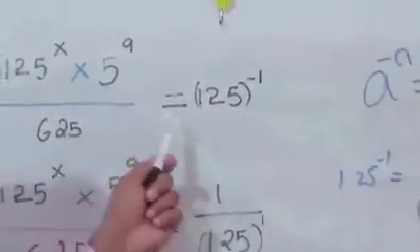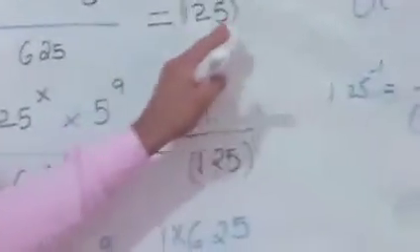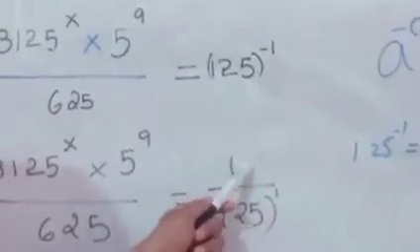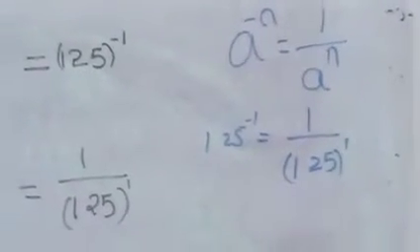So the left hand side I am writing like that. But 125 whole raised to the power minus 1 I change like this, we can write 1 by 125 whole raised to the power 1. Understood?